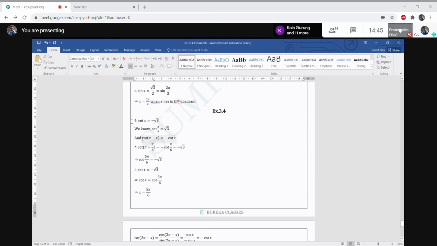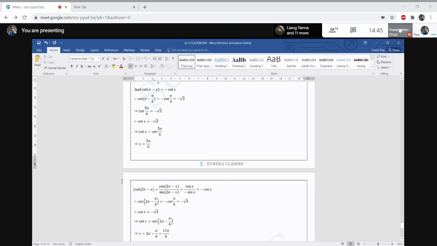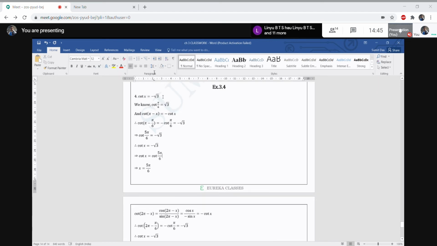We found cot(pi minus x) equals minus cot x, and cot(2 pi minus x) equals minus cot x. And look, cot x is given as minus root 3, right? We know that cot(pi by 6) equals root 3. That means minus root 3 means minus cot(pi by 6). Understood?